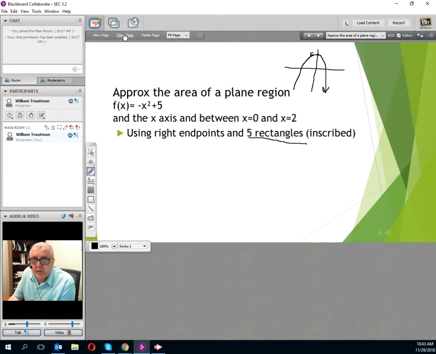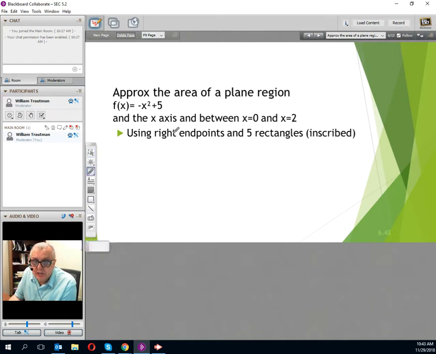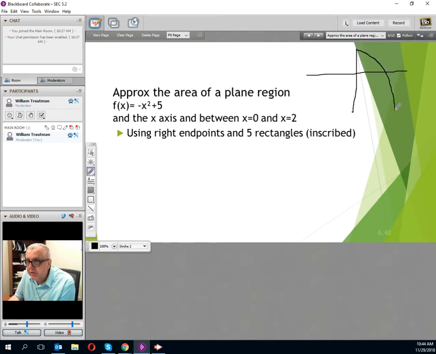Let me draw it a little bit better. So here's 5. I'm going to try to be a little neater. There we go. I want to approximate the area for x between 0 and 2.